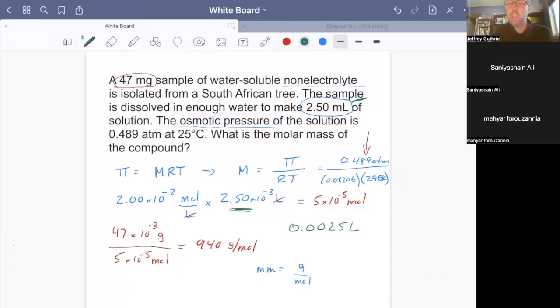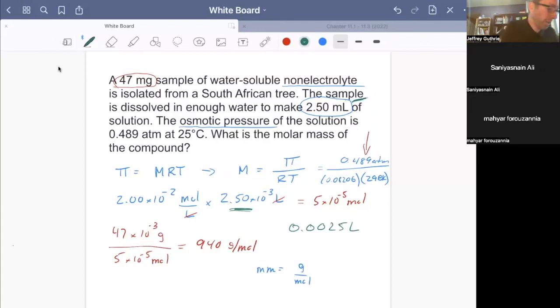And then that gave you your answer of 5.5 times 10 to the negative. Oh, that's only the moles. Right, because we've canceled out liters, we only have moles left over. And then the 47 times 10 to the negative third in grams, where did you get that one from?